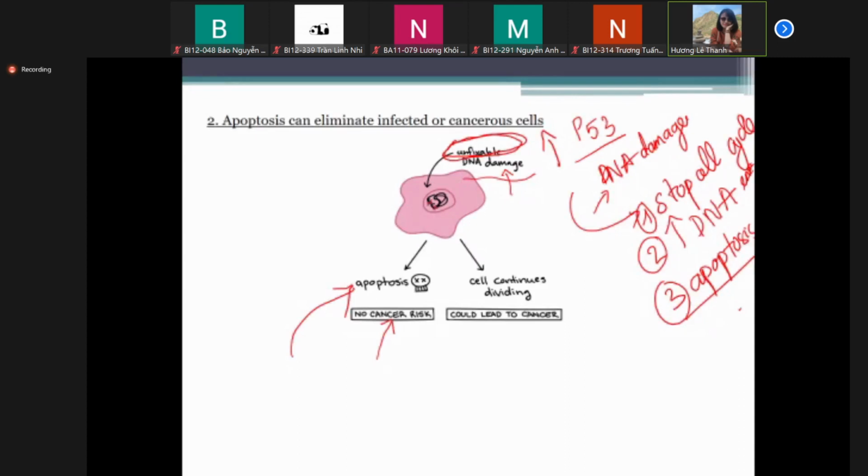If they keep dividing many more times, they could lead to cancer. So apoptosis is quite important to our bodies. It prevents cancers, it creates our toes and our fingers, and what else?